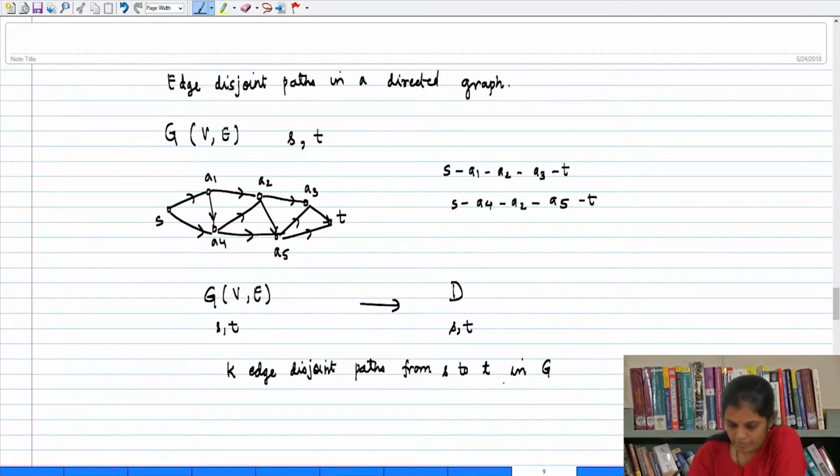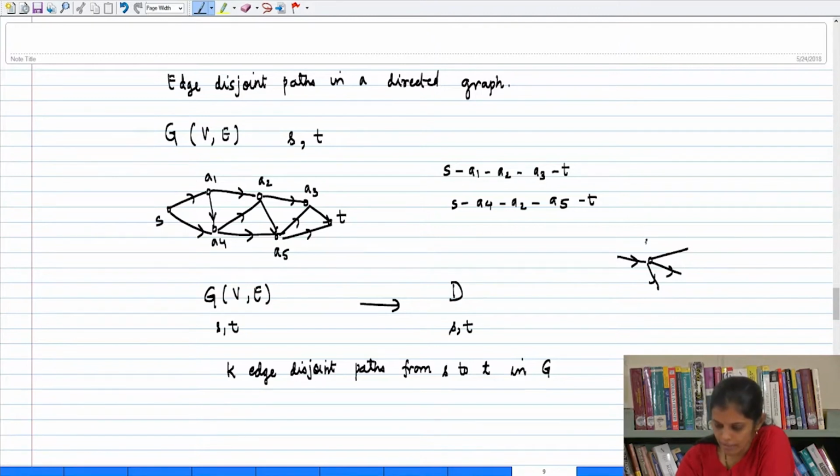So what do we need to argue to show that this is a valid flow? Conservation, right? Capacity constraints are met because anyway we set 0, 1 values. There is conservation. So what allows us to argue for conservation? If you look at any arbitrary vertex, can there be multiple edge disjoint paths using it?